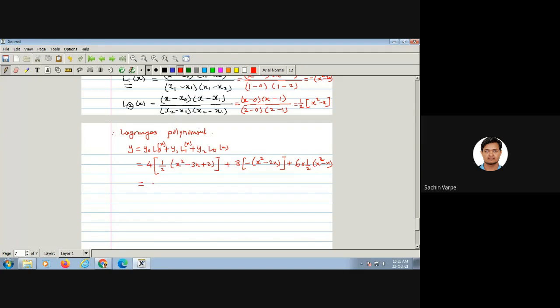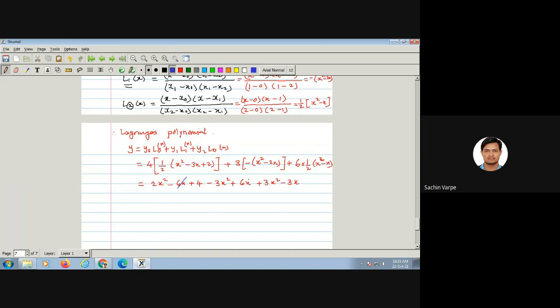So 2x square minus 6x plus 4, minus 3x square, plus 6x, plus 3x square, minus 3x. Please check the calculations.